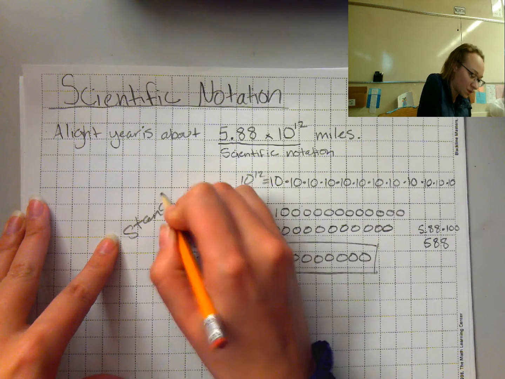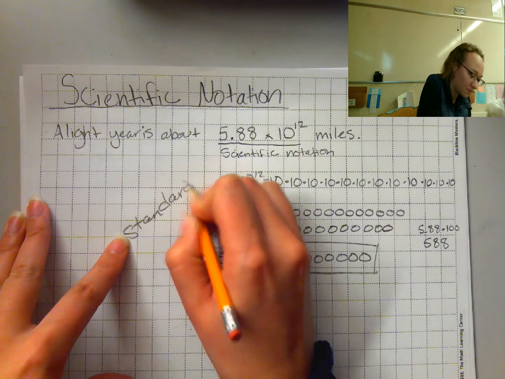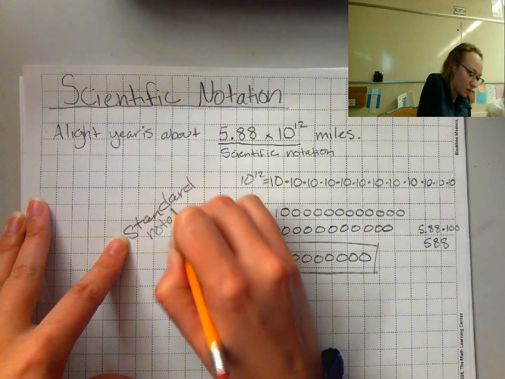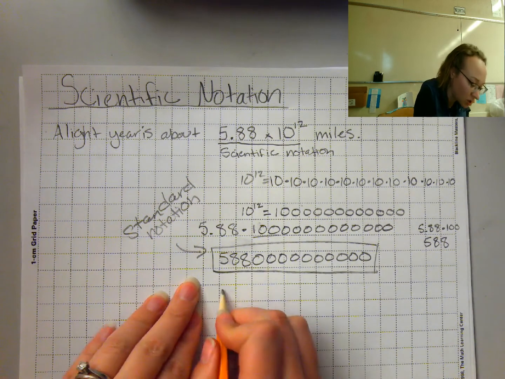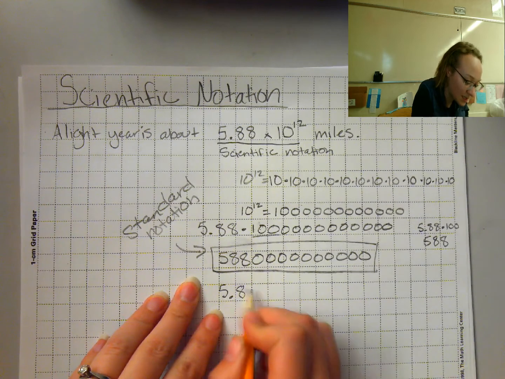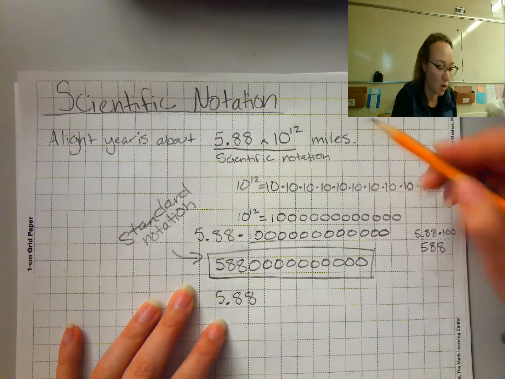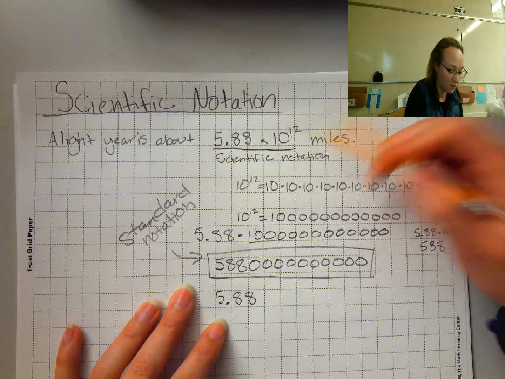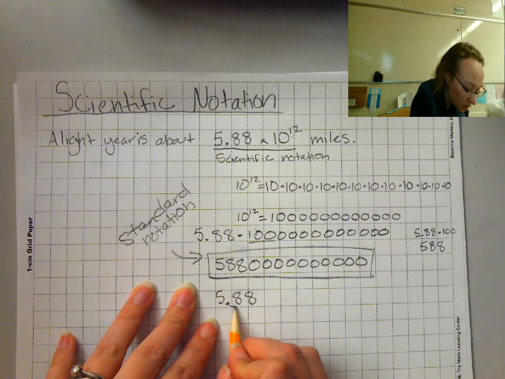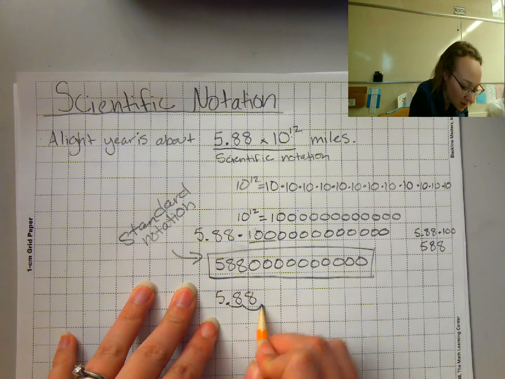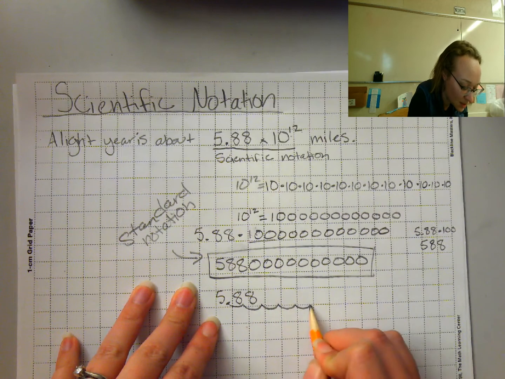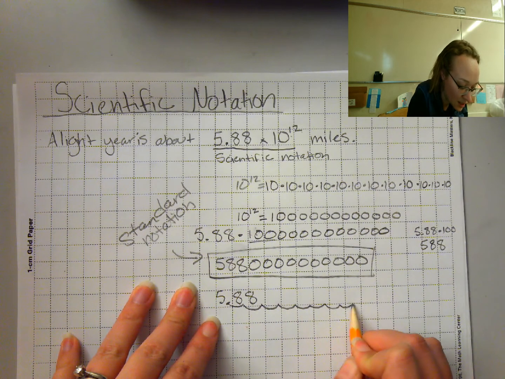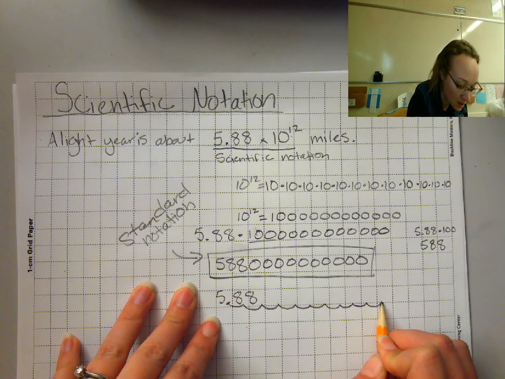Now, there's got to be an easier way. The whole point is that we should be able to translate back and forth between these two pretty easily. So I want to show you something. If I took 5.88 and I know it's to the power of 10 to the 12th, I move my decimal over once, twice, 3, 4, 5, 6, 7, 8, 9, 10, 11, 12.